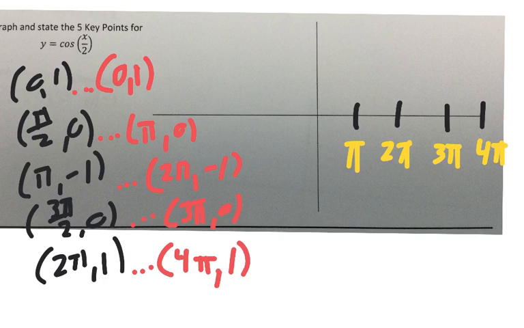And now when I graph these, because I'm cosine, I'm at 0, 1, pi, 0, 2 pi, negative 1, 3 pi, 0, 4 pi, 1, and then continue the pattern.